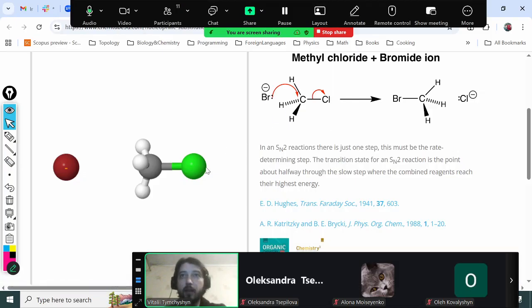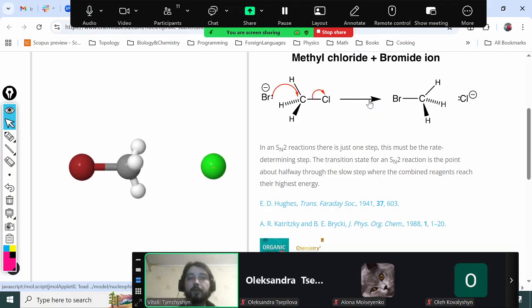It should attack from the correct angle, from this side. Why? Because here you have a sigma bonding orbital, and here you have a sigma anti-bonding orbital. So it should place its electrons into the sigma star orbital, the anti-bonding orbital. Let's look at how that works. So here it comes.